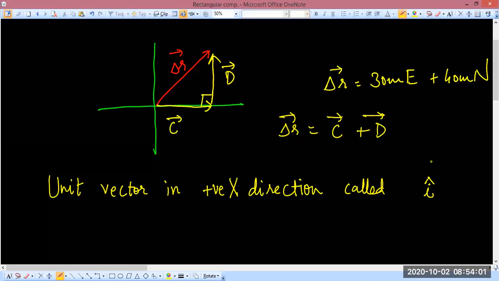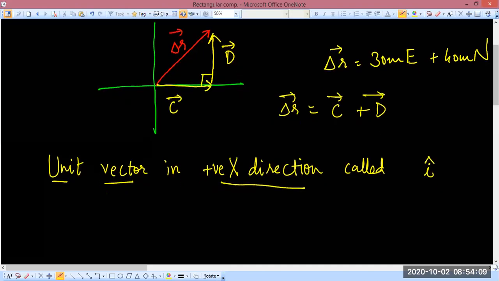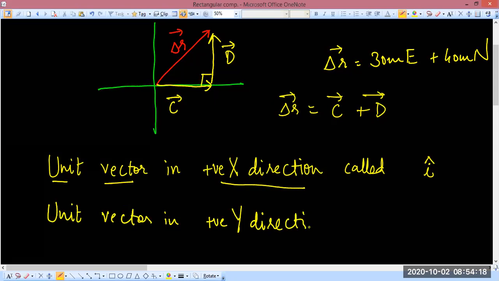So the unit vector that is in positive x direction is called I hat, right? And the unit vector in positive y direction is called j hat. This is very crucial, you must remember it.